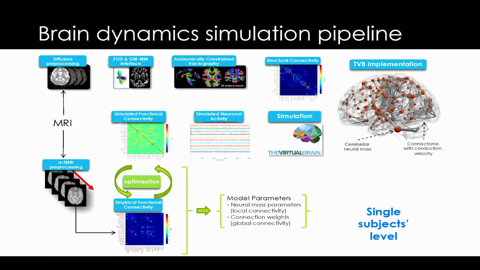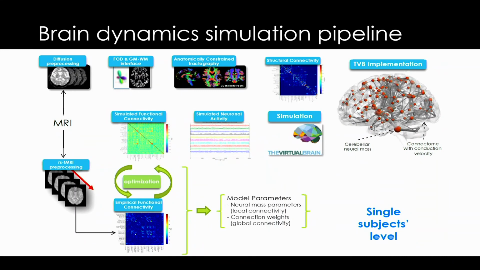Each node will have a distinct, separate neural activity. And using these waves, we can also create a connectome of the simulated functional connectivity. And this is what we'll do during the tutorial this afternoon.